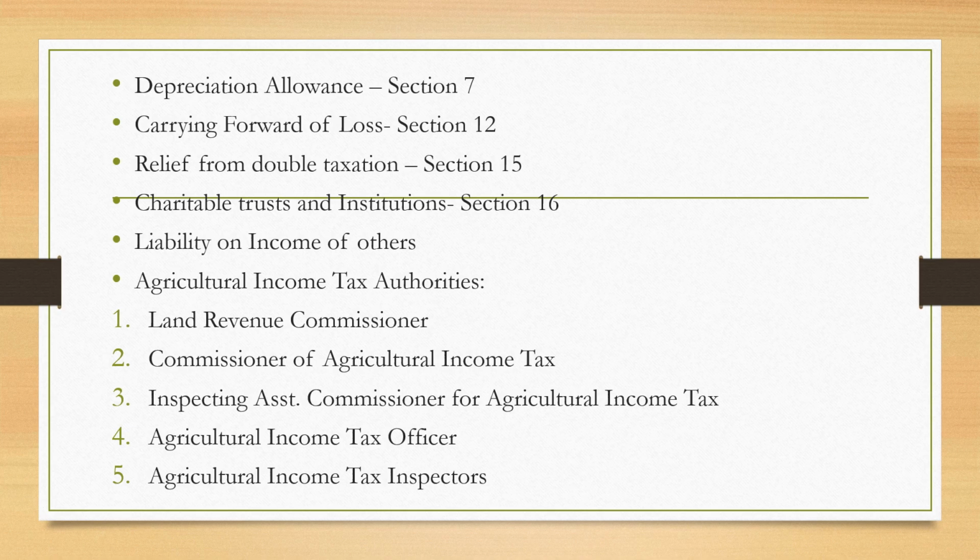So the final decision is from the commissioner. The assessee makes the application to the agricultural income tax officer and he shall refer it to the commissioner, and the decision of the commissioner becomes the final decision.